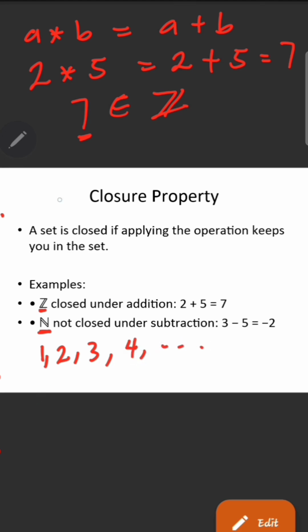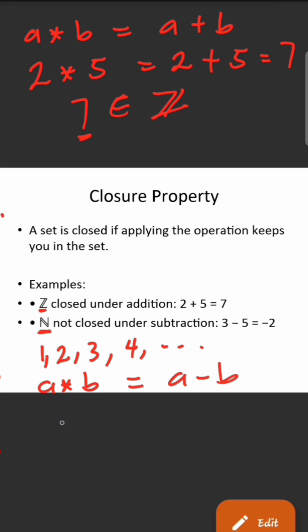Now, if we use the operation that A operation B is equal to A minus B, then for this to be closed, any number that we pick from the natural numbers and perform this operation on, the answer we get must also be a natural number.